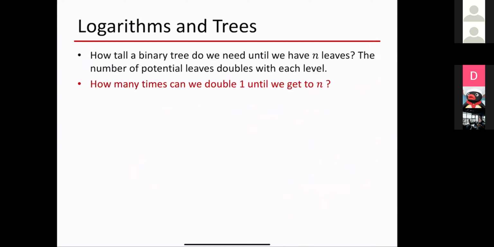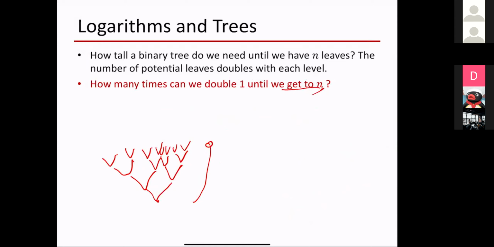So let's do logarithm and trees. How tall a binary tree do we need until we have n leaves? The number of potential leaves doubles with each level. So 1 becomes 2, 2 becomes 4, 4 becomes 8. You will keep doubling it. How many times do I have to grow from here until I get to n? From 1 to n, how long does it take?